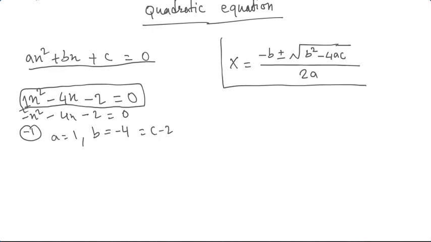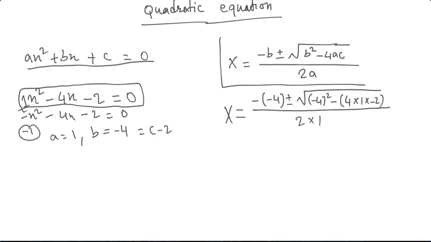So now we know a, b and c, and we just have to put these values of a, b, c in this formula. Okay guys, we know the formula: x is equal to minus b plus or minus the root of something. By substituting the values of a, b, c in this formula, we have this.